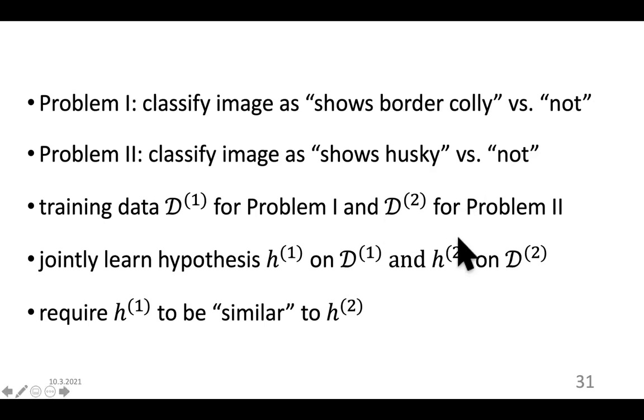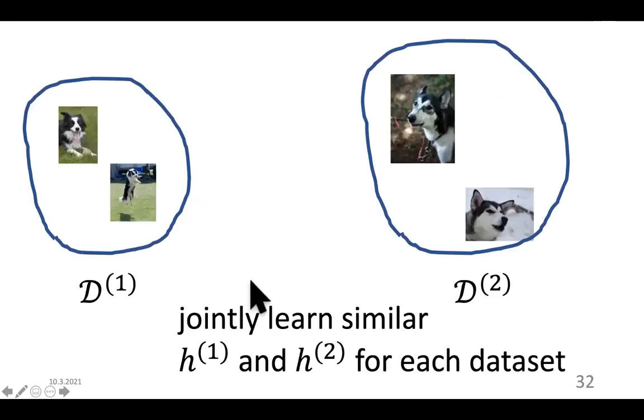So these are related problems, and multitask learning is a method, or a bunch of techniques, that allow us to leverage the similarity between different learning problems. So we learn predictors for the different problems simultaneously and couple them by requiring those predictors to be similar. We don't want the hypothesis map for detecting border collies to be completely different from the map that predicts huskies, because some features are similar.